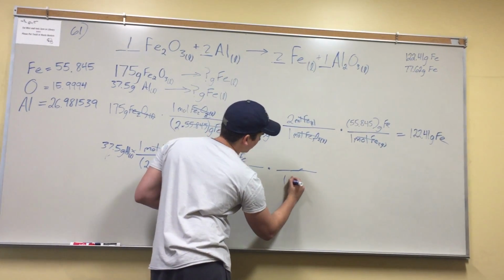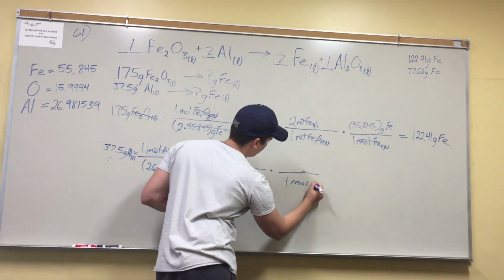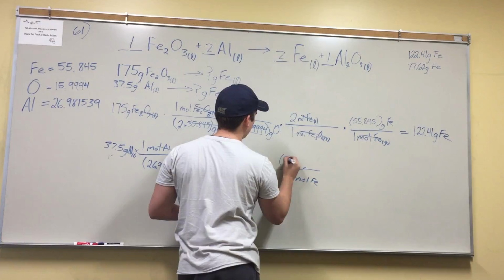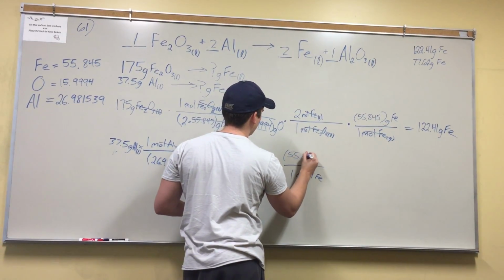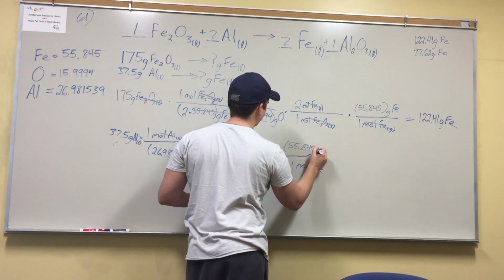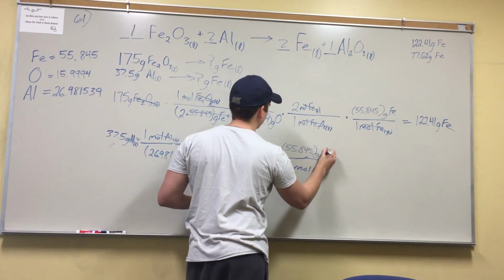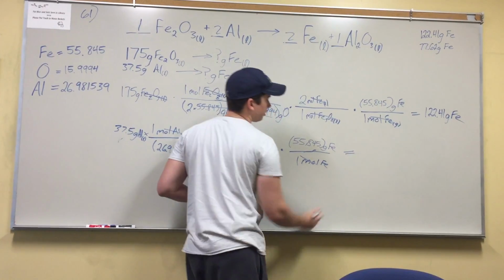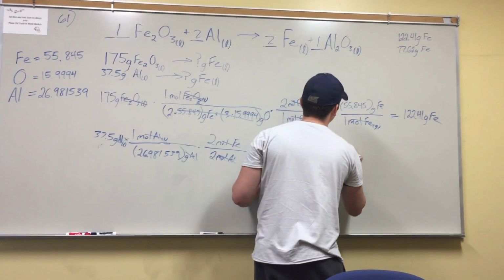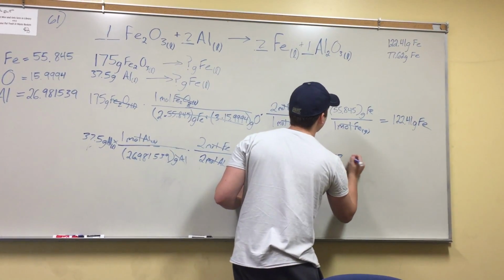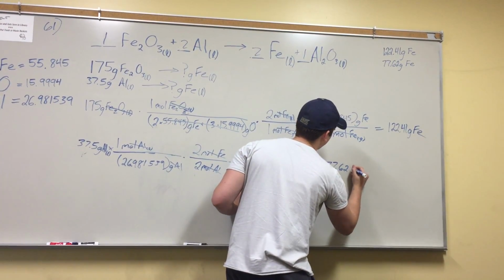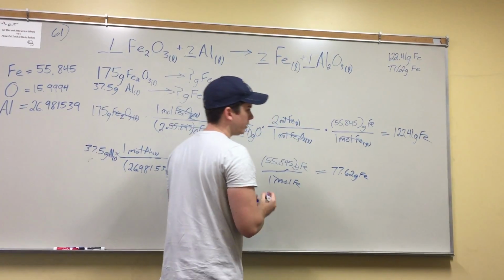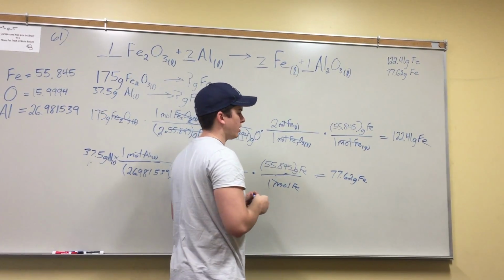So we'll multiply that by 1 mole over the atomic weight. The moles are going to cancel out and you will be left with grams of iron, which turns out to be 77.62 grams of iron.